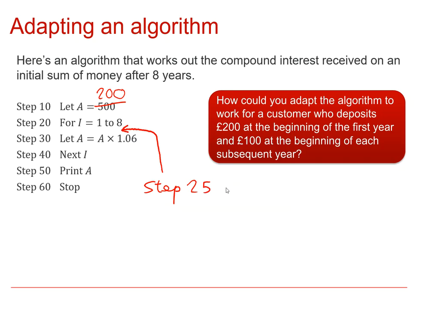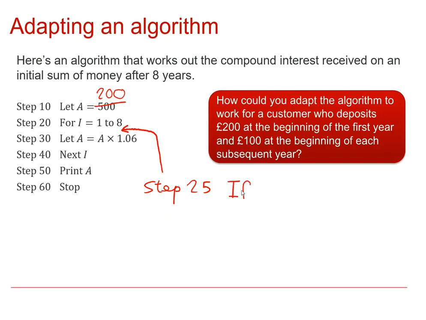So step 25, now the thing we need to be careful about though is that we could just say, well, a equals a plus 100. That's essentially what we want to do, but we have to make sure that doesn't happen on the very first year. So we can use this idea of using the word if, like we saw in one of the previous algorithms.